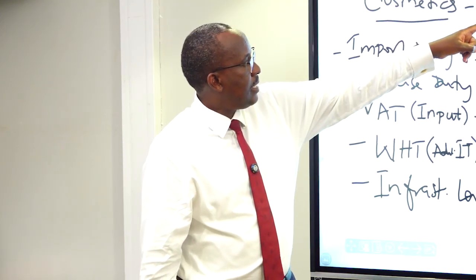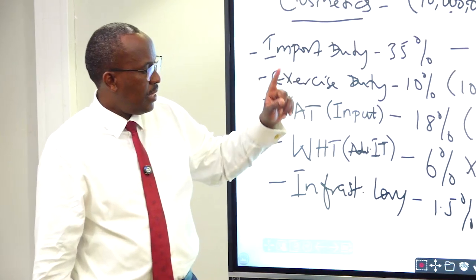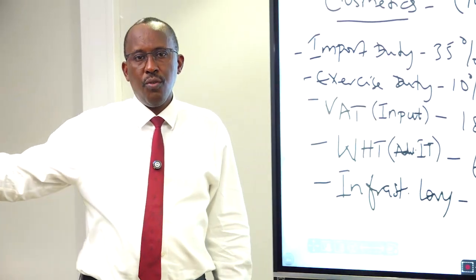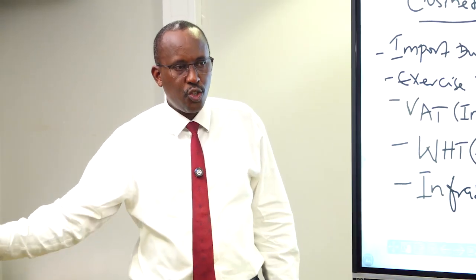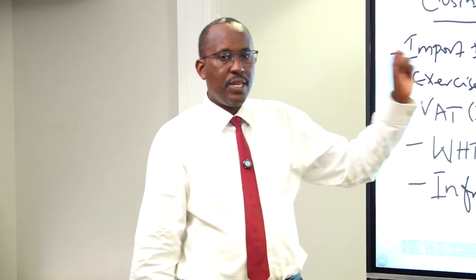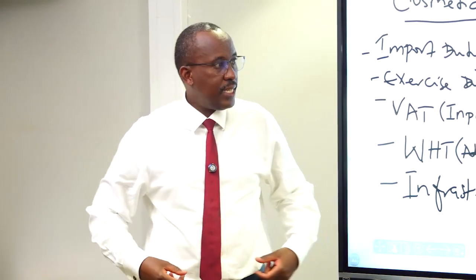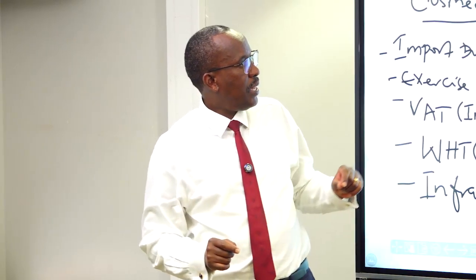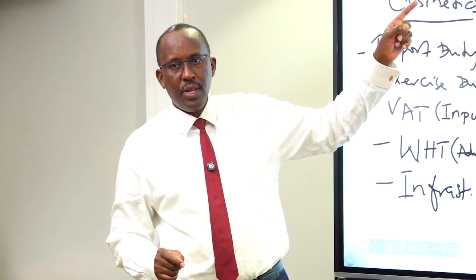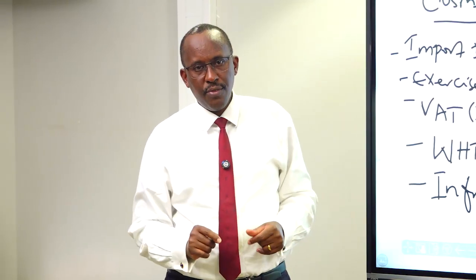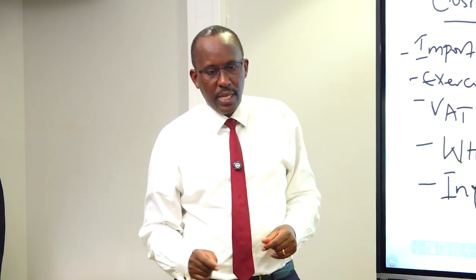There is the CIF, there are the taxes which I've just explained, and there are the costs of the business, selling that shop, paying for rent where they're going to display it for you to find it. And therefore, if you find this shirt in Kampala, you will not pay the $5 you'd have paid in China. You'll most likely pay $20 for the shirt, or even $50 for the shirt.